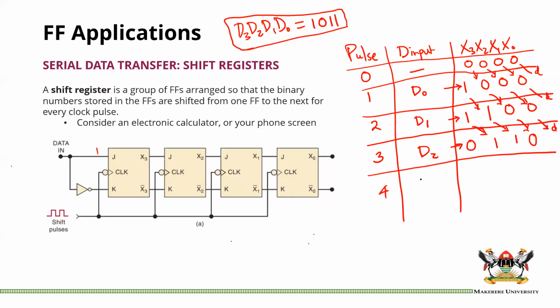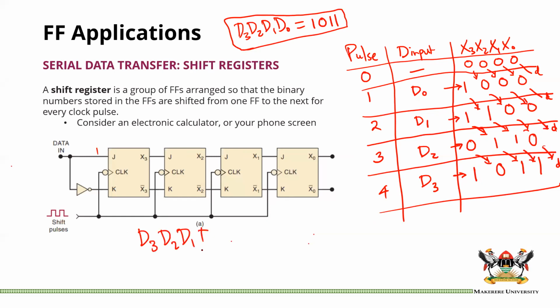And for your fourth pulse, you are applying D3, which is a 1, so that one comes into X3. What is at X3 goes into X2. What is at X2 goes into X1, and what is at X1 goes into X0, and what was at X0 is discarded.